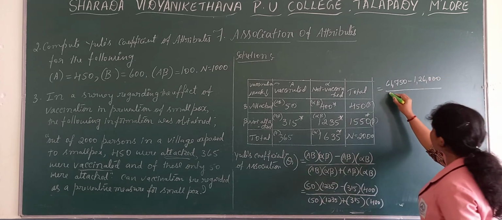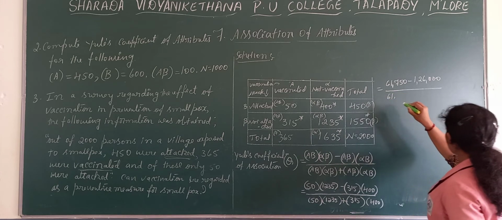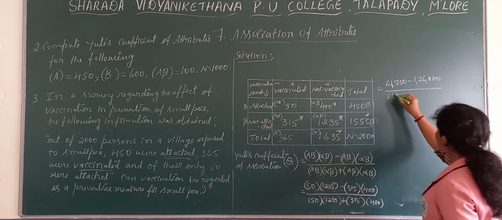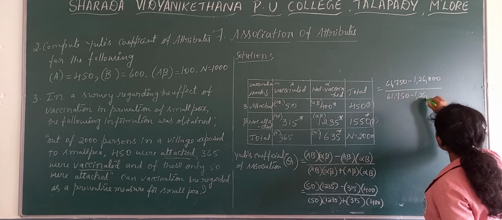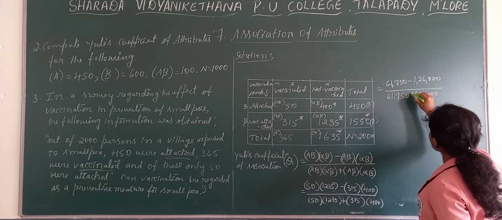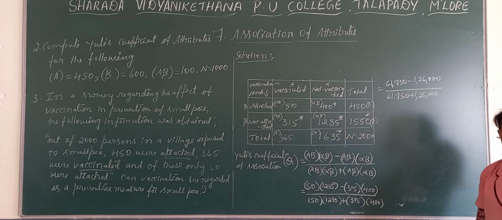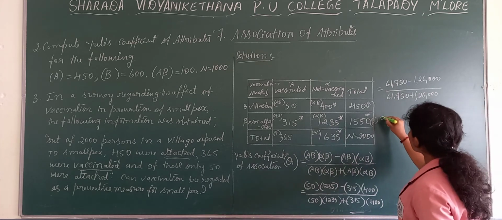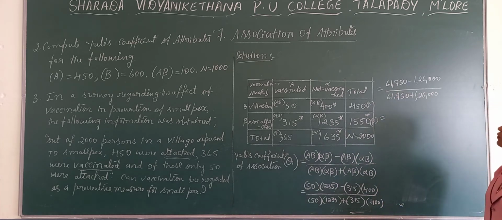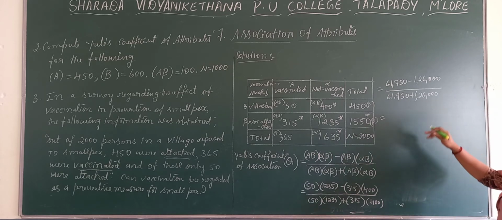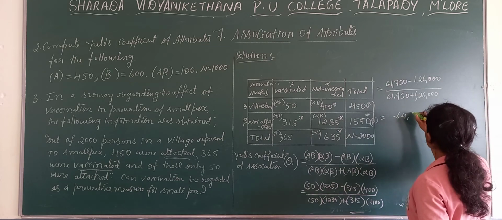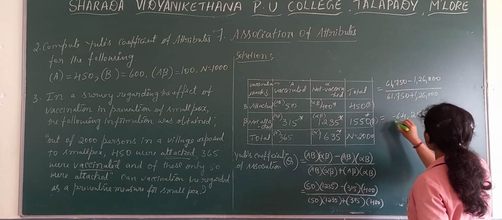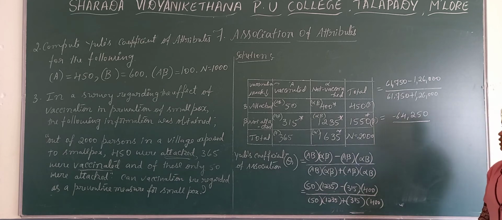Divided by 61,750 minus 1,26,000. Sorry, here it is plus 1,26,000. Now deduct 61,750 minus 1,26,000. When we deduct, we get minus 64,250.